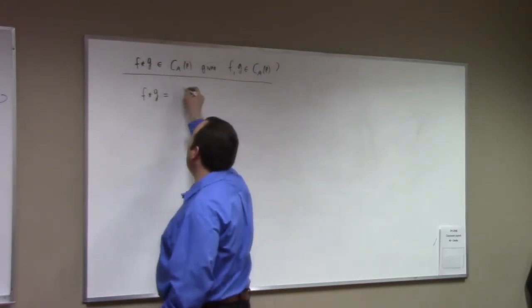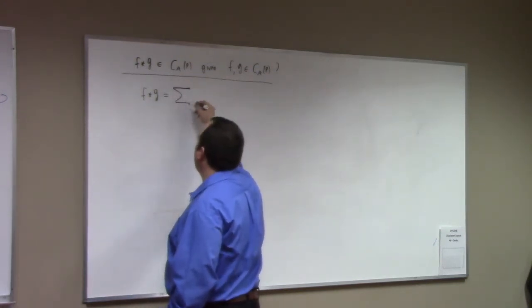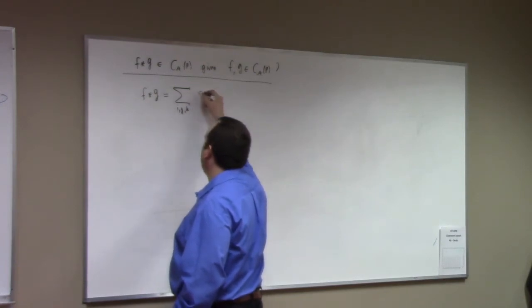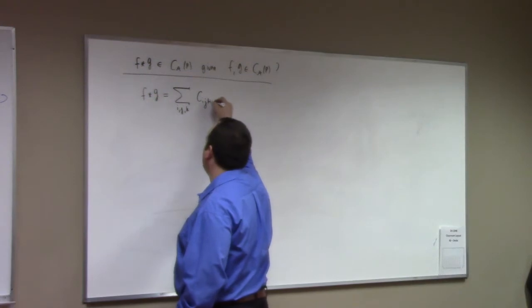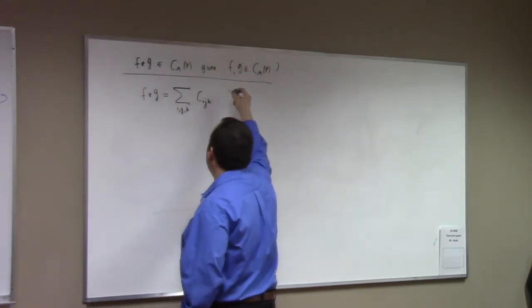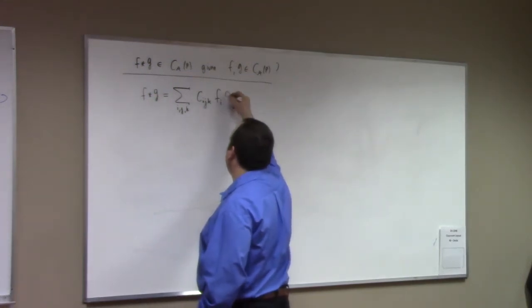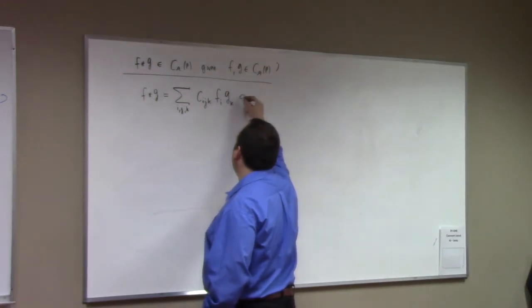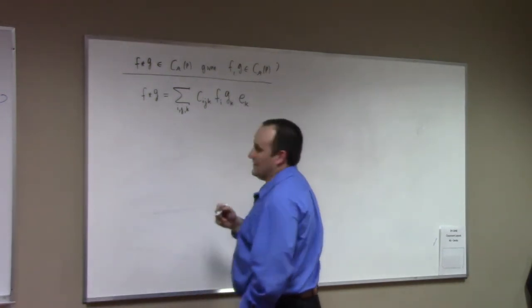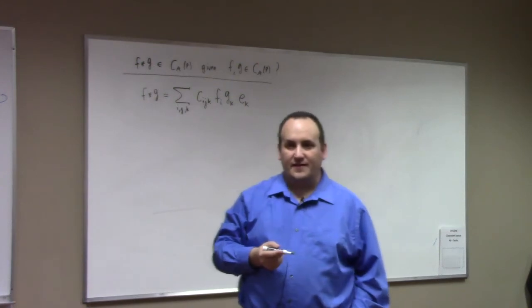This would be the sum over i, j, k of c_ijk, those are constants, they're structure constants. And then you've got an f_i, and a g_k, and an e_k, that's the standard basis in our current context.